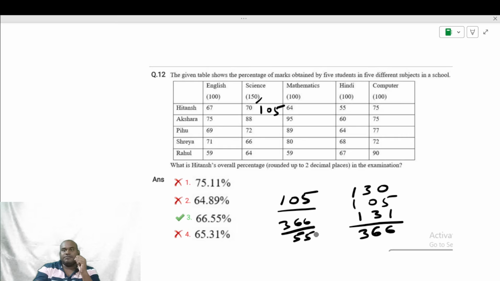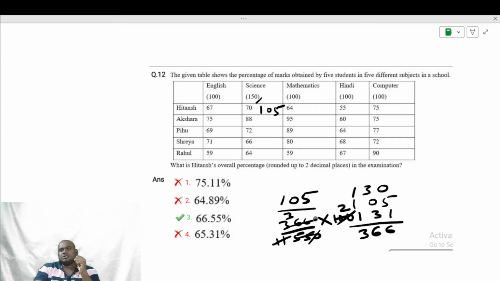200. So the zeros get cancelled. 5 2 0, 5 11 0, 11 3 0 33. Multiply it and divide.